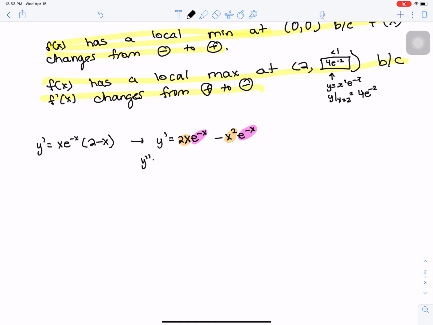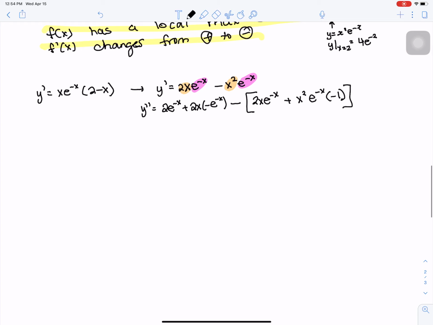So the second derivative is derivative of the first times the second, plus I leave the first the same. Derivative of e to the minus x is e to the minus x, and then chain rule says multiply by the derivative of the exponent. Minus, now I'm going to leave the minus on the outside of everything, derivative of the first times the second, plus leave the first the same, derivative of e to the minus x will be negative e to the negative x, and then I'm going to distribute that negative in.